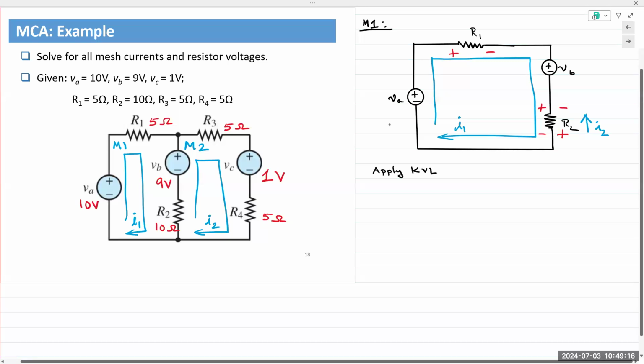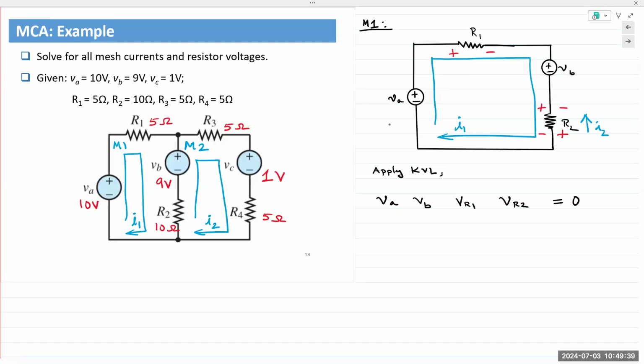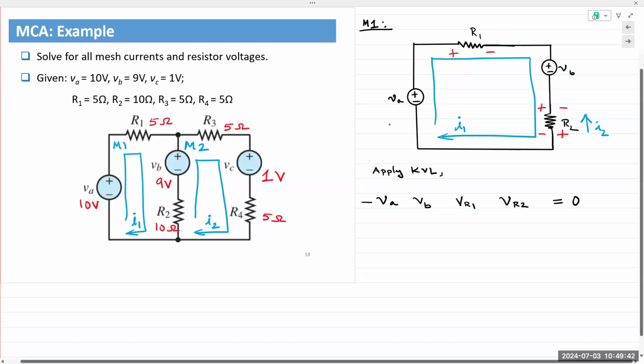Now we will apply KVL. Once you apply KVL, I have VA, VB, VR1, and VR2, all summing up to be 0. So if I go clockwise from the bottom left corner, I would have minus VA plus VB plus VR1 plus VR2 equals 0. VA is a voltage source.